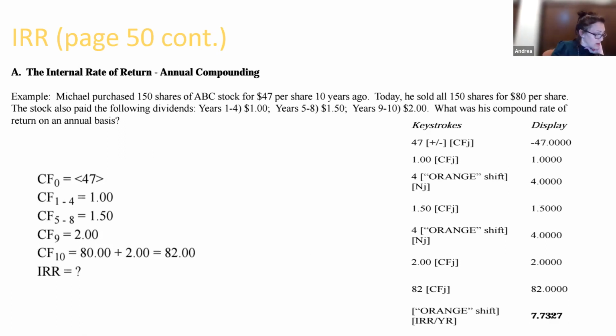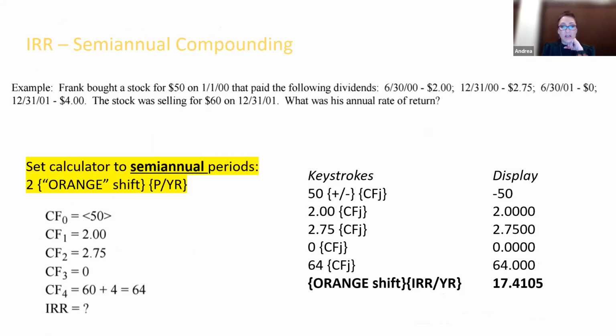So, okay, here, Leah, let's look at another example for semi-annual compounding, because you might have a question that has a cash flow question, and you do have to change your calculator to reflect that it is semi-annual. Hold on, let me read this.